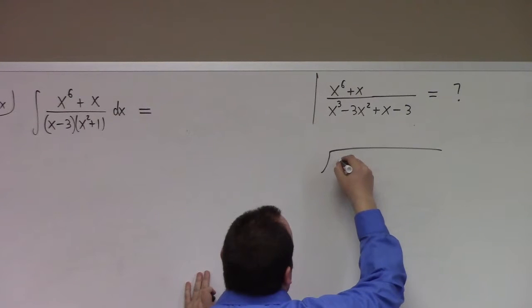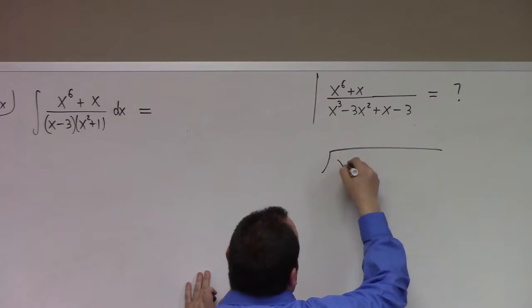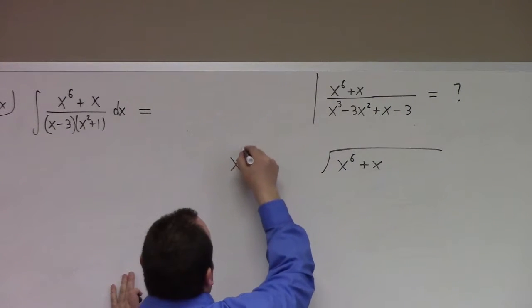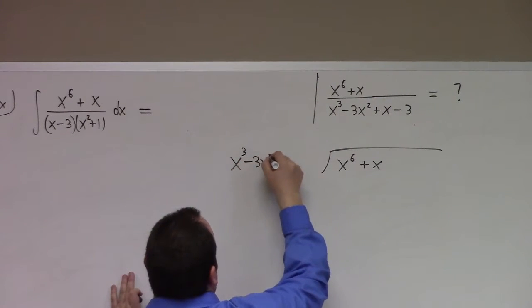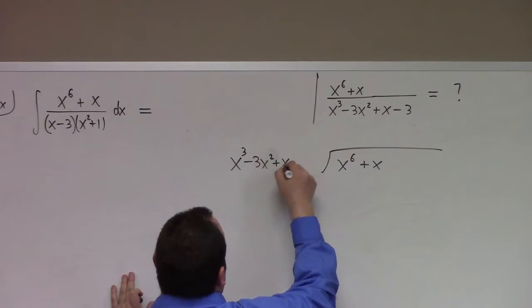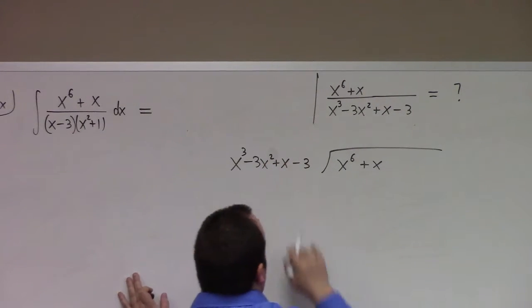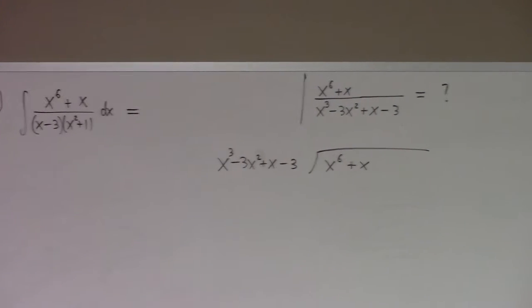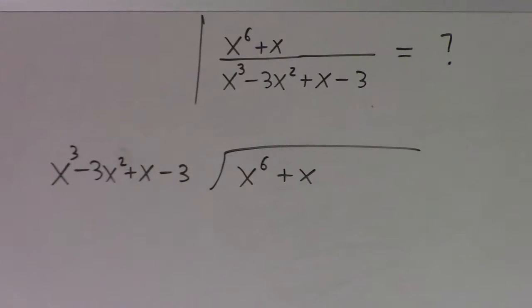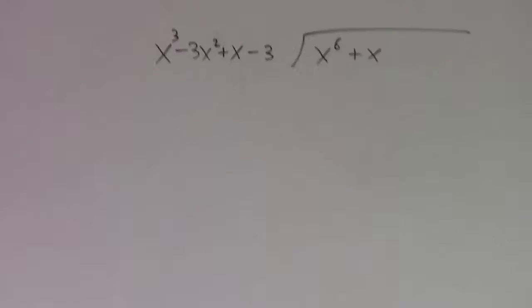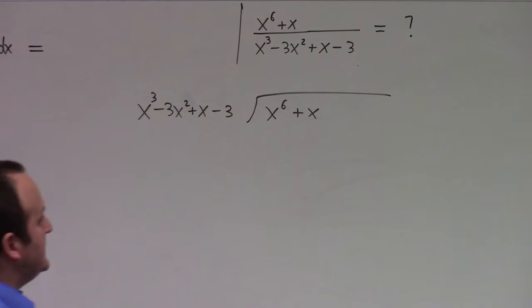All right, so let's see here. We're trying to figure out how many copies of x cubed minus 3x squared plus x minus 3, how many copies of this divisor fit into x to the 6th plus x. To get x to the 6th from that cubic, what do I need? x squared?